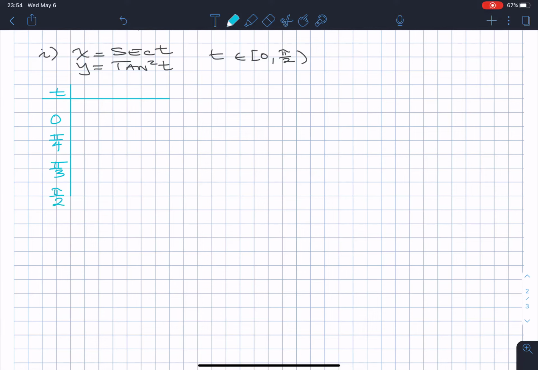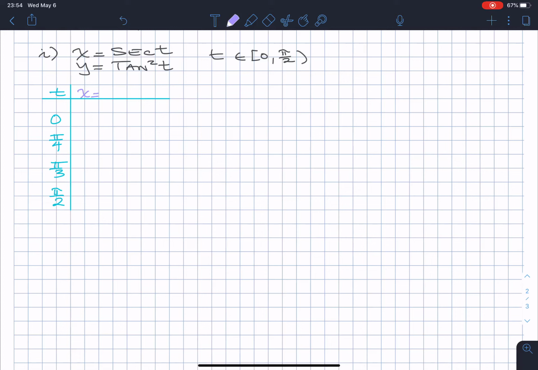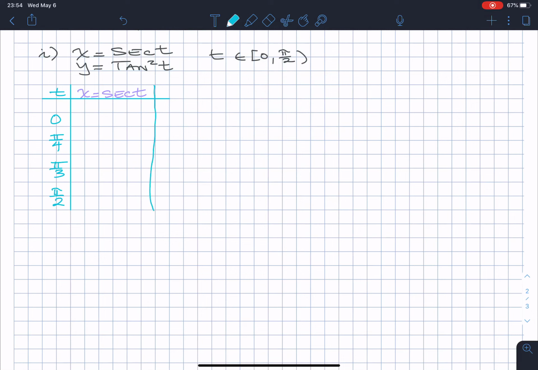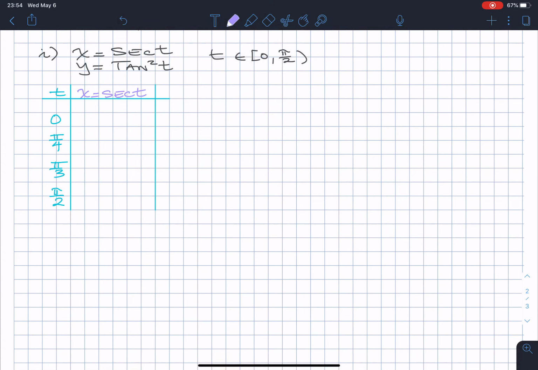I can't actually get there, but I'll put this. So x is secant of t. Secant of 0 is the reciprocal of cosine of 0, so that's just 1.